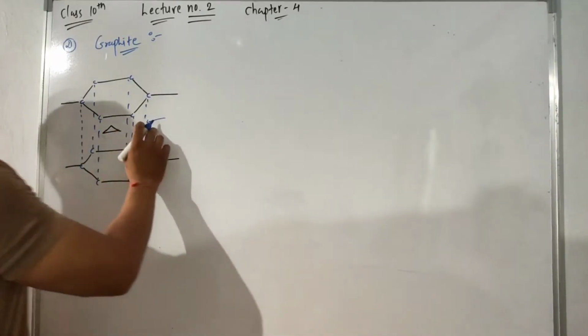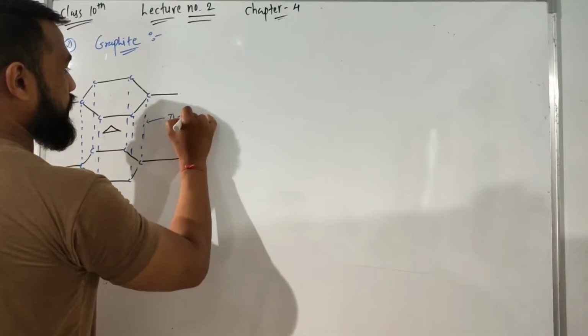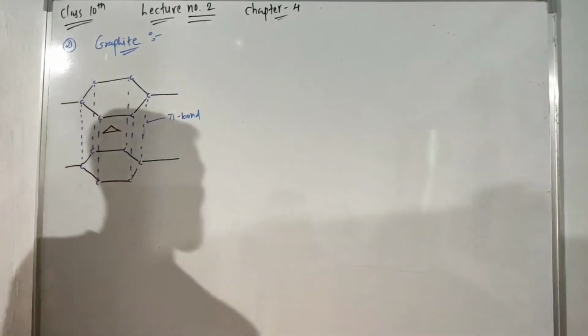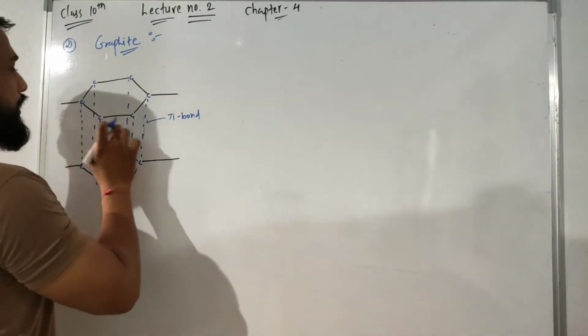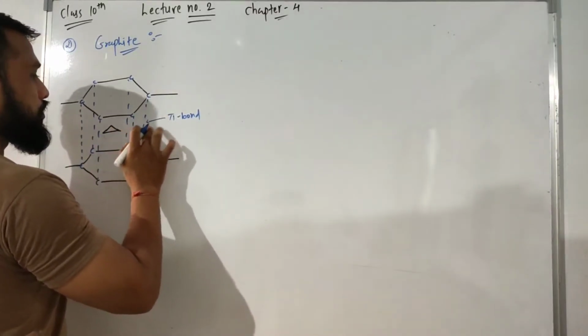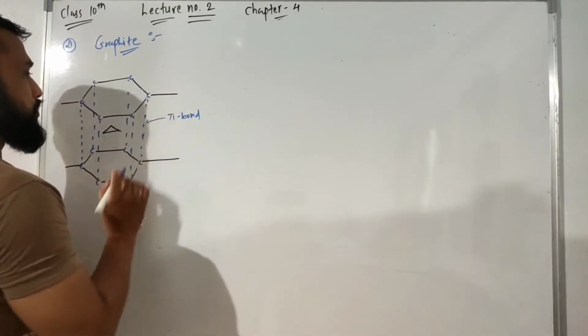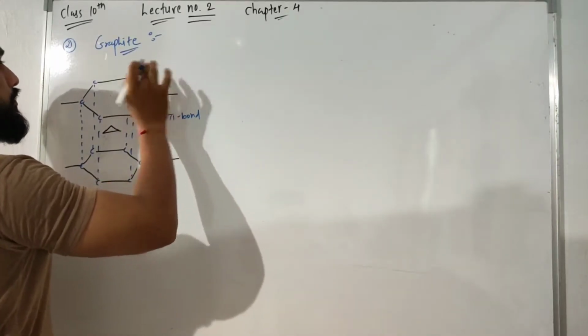So this is not a sigma bond, but a pi bond. All this dotted line shown here is pi bonds, and these are all sigma bonds.